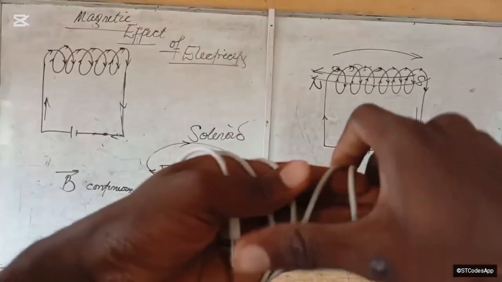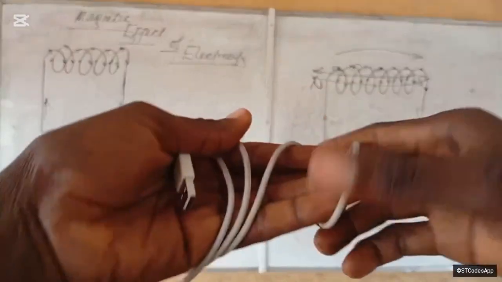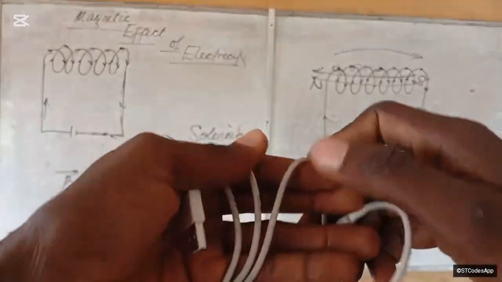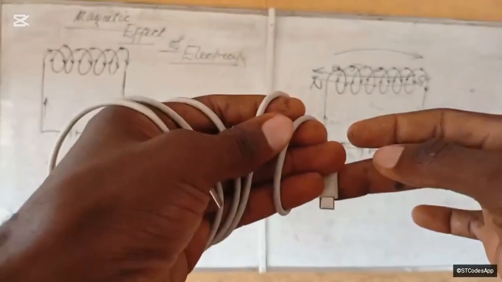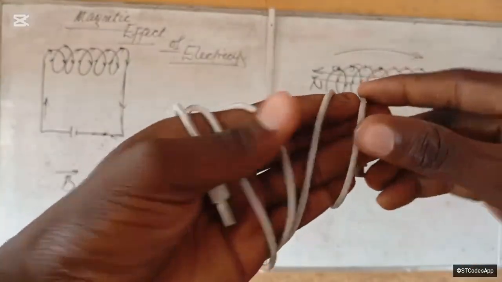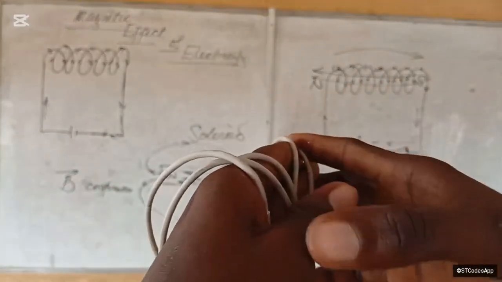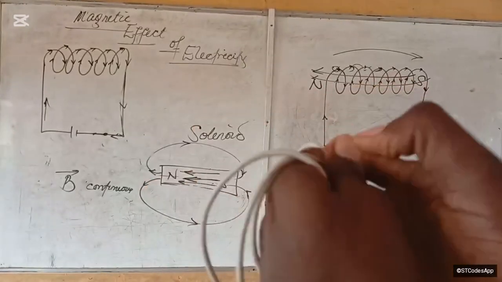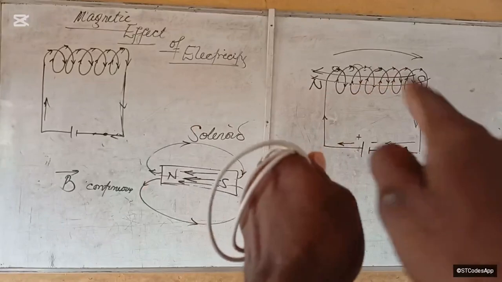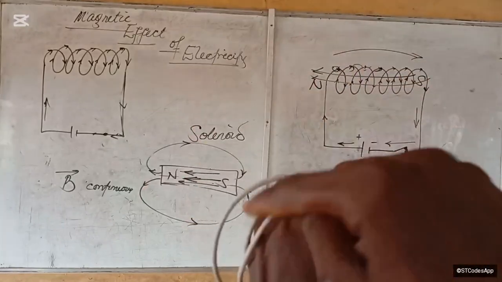You know my coil of wire, current is passing from here, down to the back, out, down to the back, out, then down like this. That's the direction of current. If I turned my loop like this, current will be going anti-clockwise.